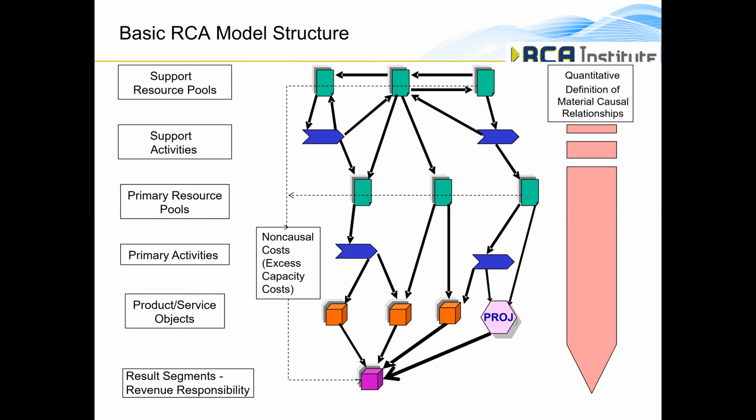The dotted lines are flows of non-causal costs. And one of the things that RCA does is it does not distort the flow of resources or the cost of an output with these non-causal costs. It accumulates them at a results segment so that they're known and they can be managed more appropriately.